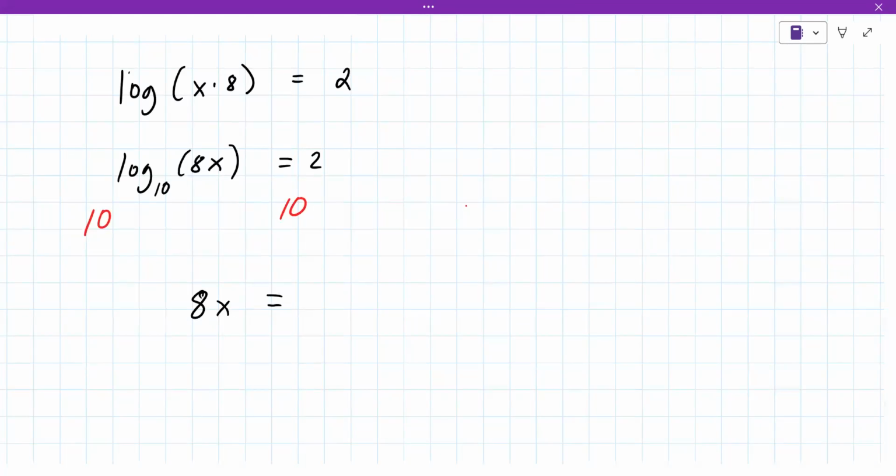10 to the power of 2 is 100. No, wait. No, it is 100. Yeah, it's 100. I was thinking of 10 cubed for some reason. By the way, divide by 8 on both sides.